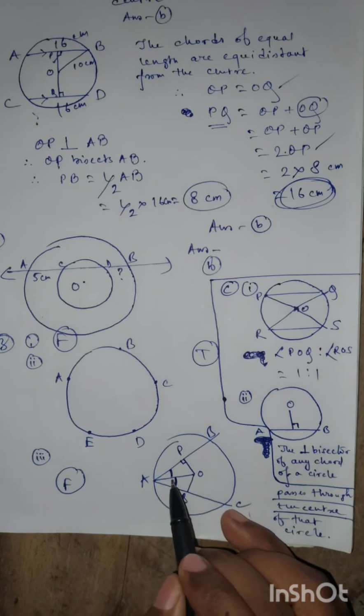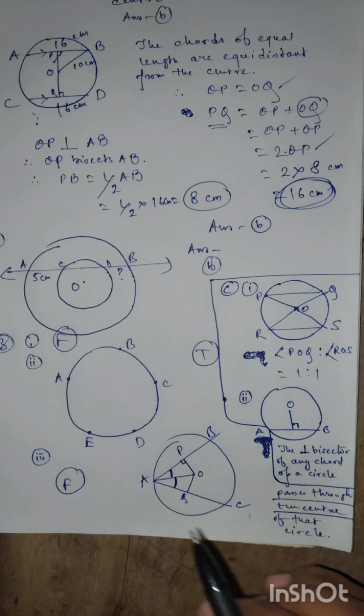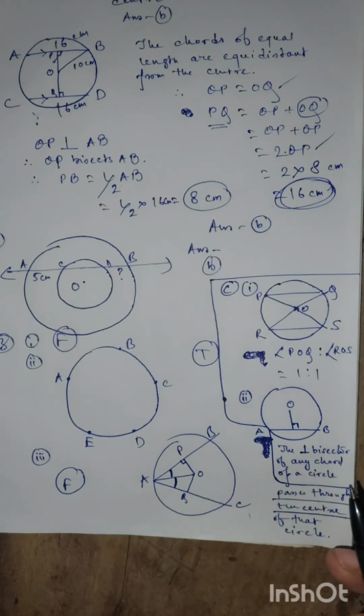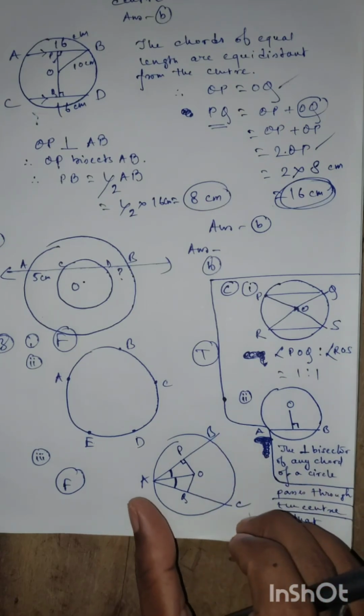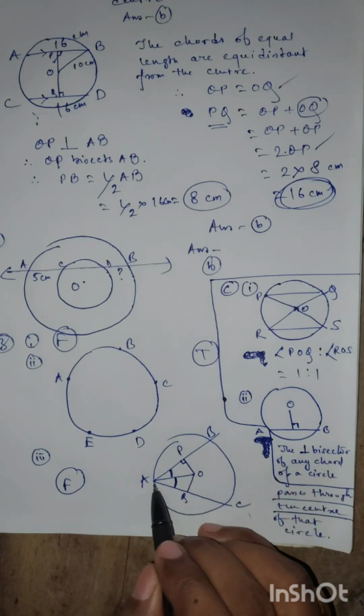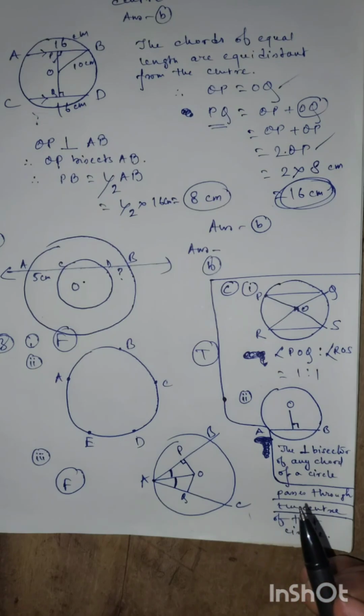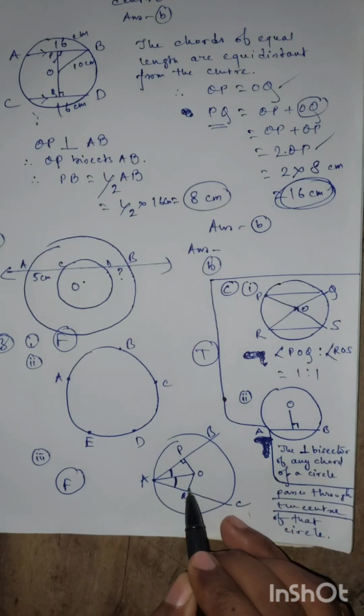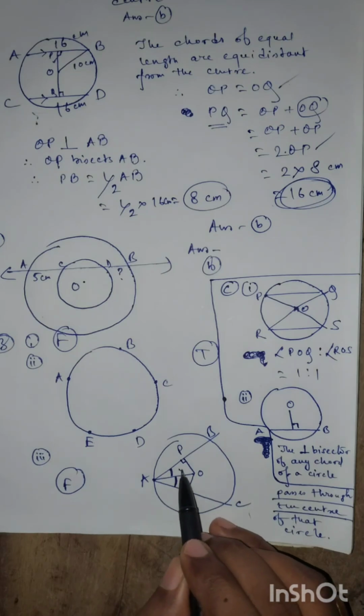Okay, if these two chords are equal, then these two angles will be equal, but these two chords are not equal, any two chords. It is not said in the question that these two chords are equal. So AB and AC are any two chords. So these two triangles are not congruent to each other.